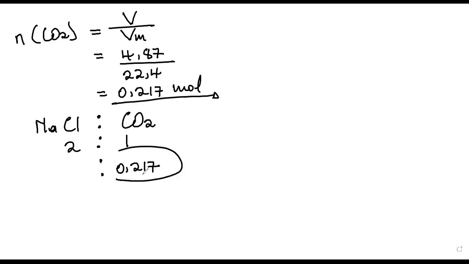So we say this one divided by this one multiplied by that one. But if you prefer, you can just cross multiply. So if I say 0.217 divided by 1 multiplied by 2, so I realize the number of moles of sodium chloride will just be 0.434 moles, like that.